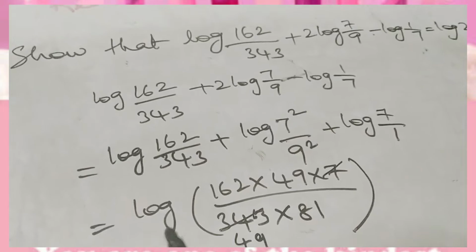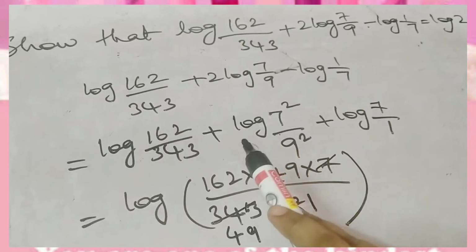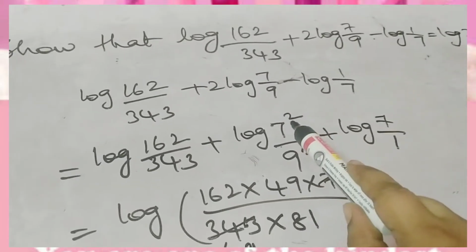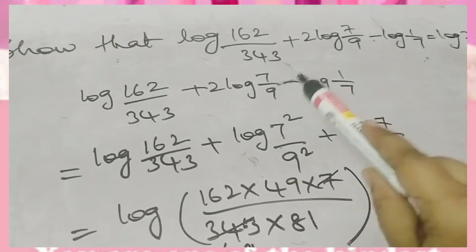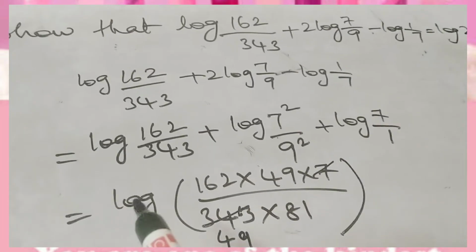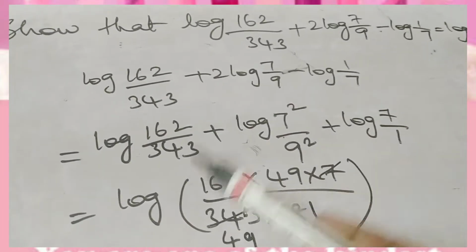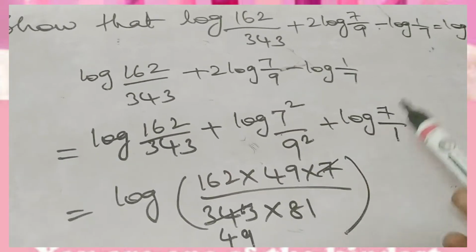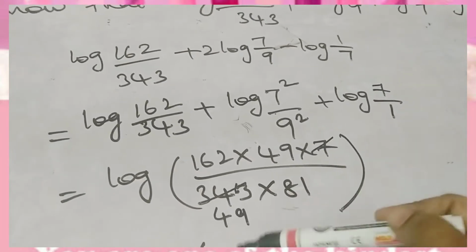Log 162/343, plus log (7/9)², taking the number as a power. Then for the minus log 1/7, you take the reciprocal, so plus log 7/1. Since it is a sum, you take the product: 162/343 × 49/81 × 7. Now you have to do the cancellation.